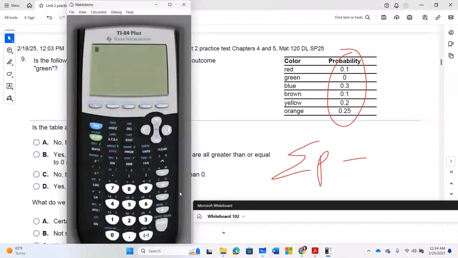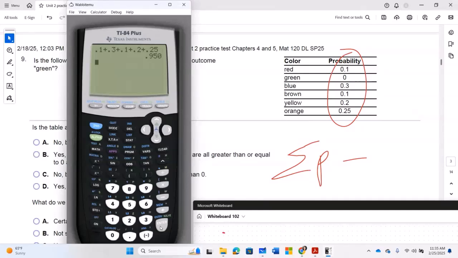Okay, I'm going to do it with the calculator. So 0.1 plus 0.3. I'm adding the probabilities. Plus 0.1 again, plus 0.2, plus 0.25.